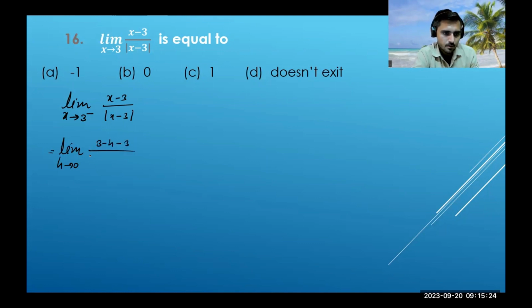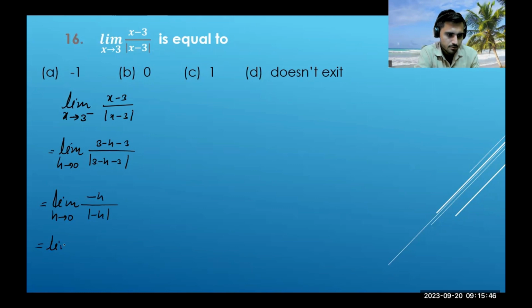And limit modulus of 3 minus h minus 3, which is this. And now limit h tends to 0, and 3 and minus 3 will cancel out, and we have minus h, right? And again we have minus h. So limit h tends to 0, we have minus h upon plus h.